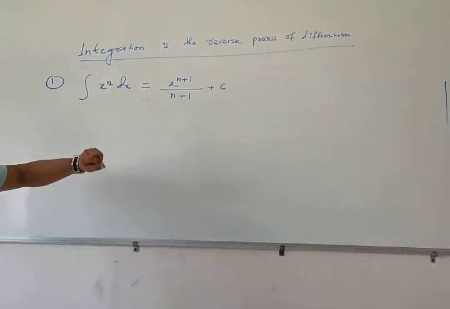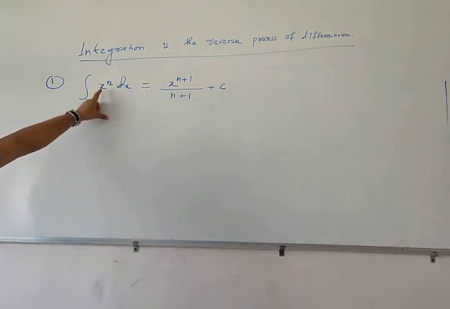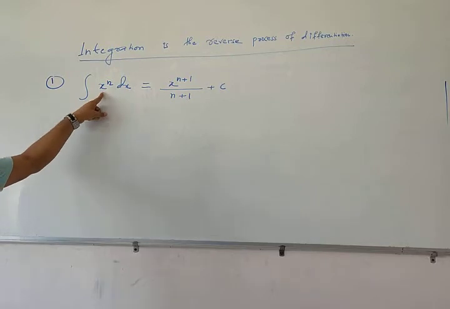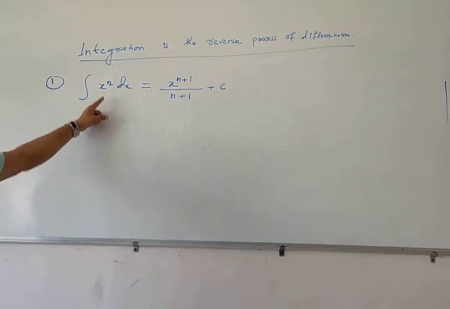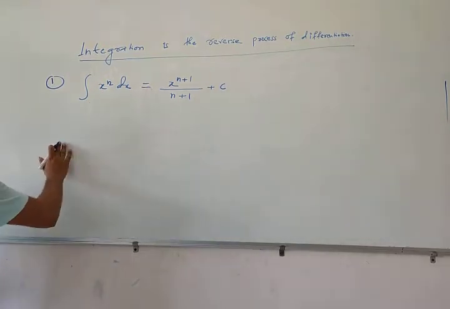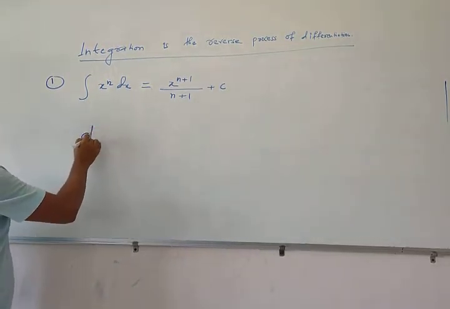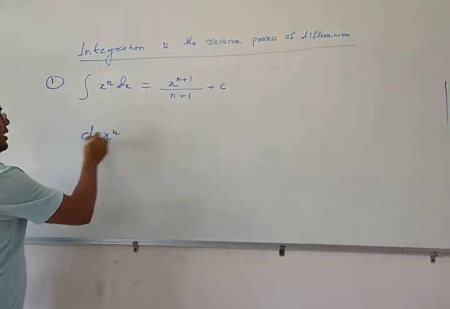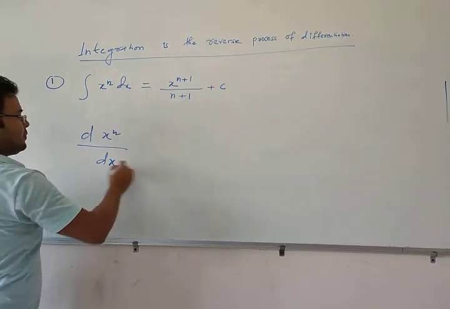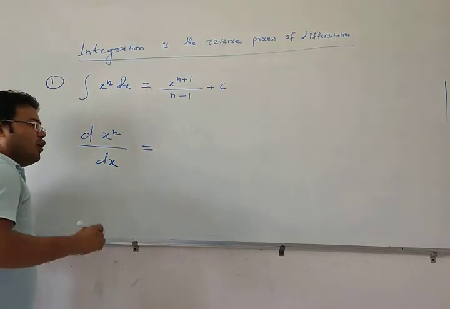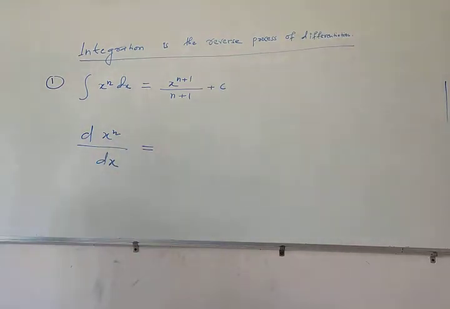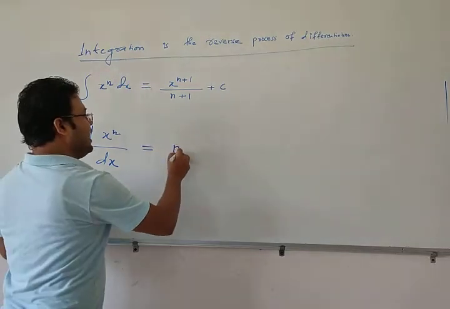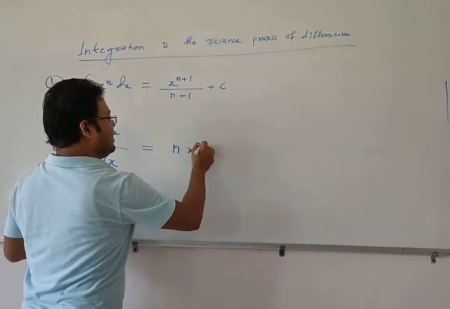For this we have to write its differentiation, and then we analyze how integration is the reverse process of differentiation. So we have to write differentiation of x to the power n with respect to x. We already know that the differentiation of x to the power n is n into x to the power n minus 1.